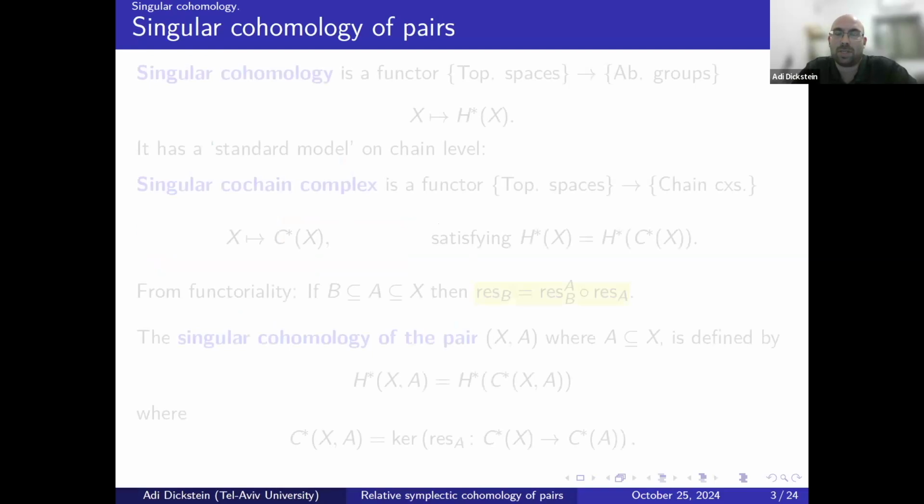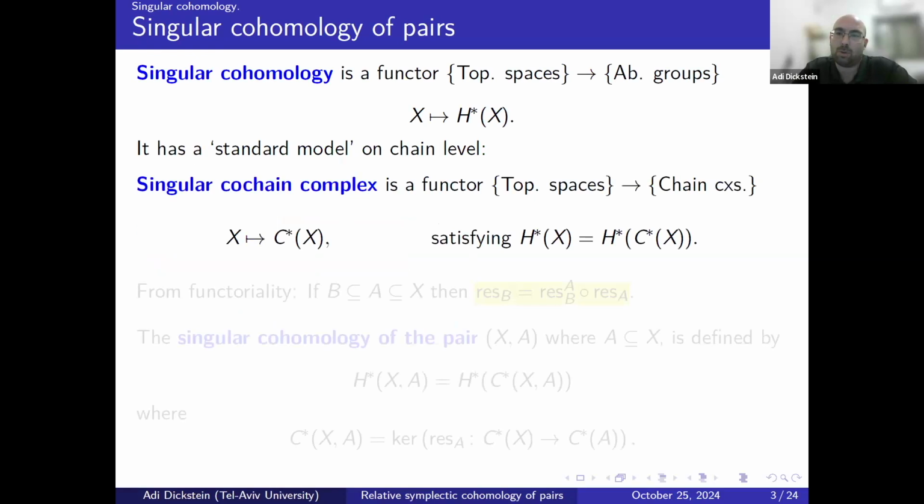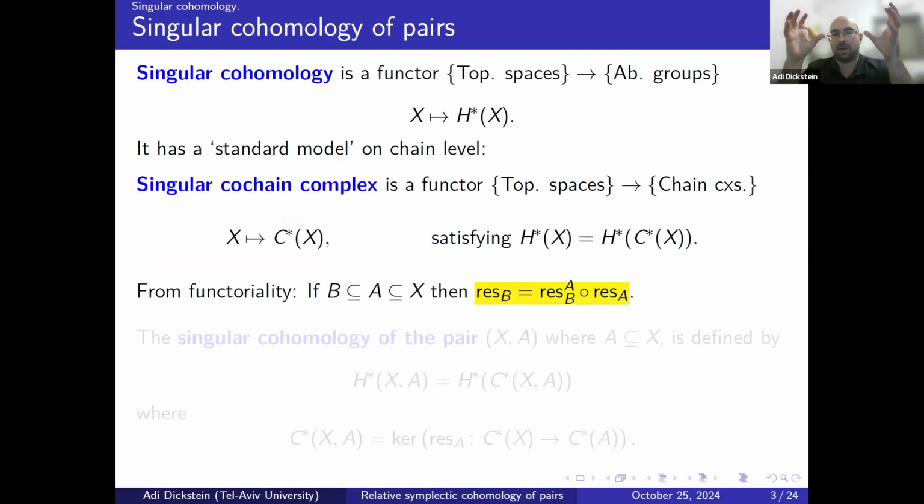Singular cohomology. So what is singular cohomology? It is a functor from topological spaces to Abelian groups. And it has a standard model at chain level, which is also a functor from topological spaces to chain complexes. And by functoriality, we know that if we have a subset A of X and a smaller subset B, then the restriction map from X to B equals the composition of the restriction from X to A and then to B. And what is the cohomology of pairs?